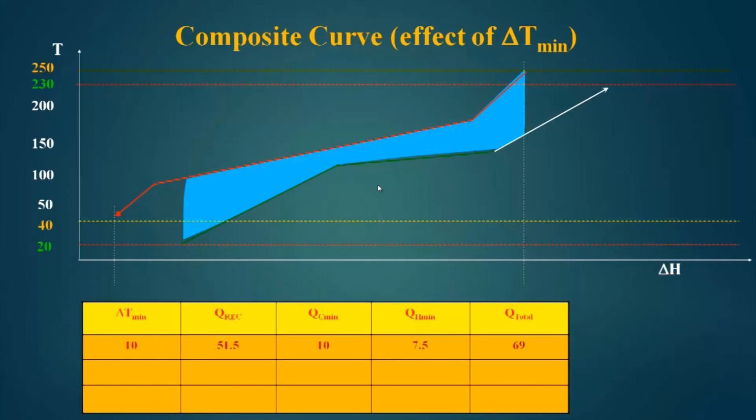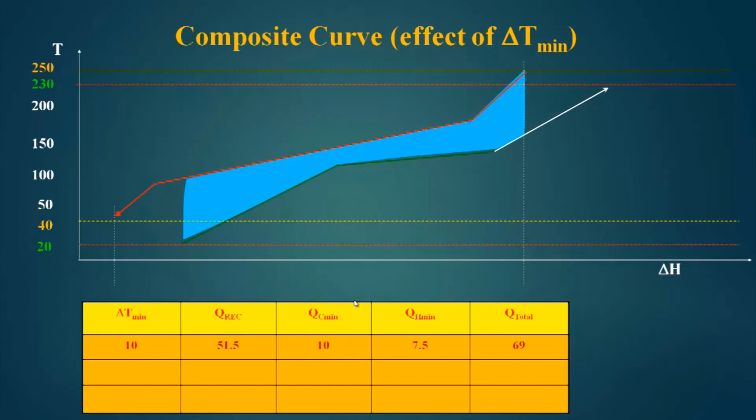So, in this case, we have made a table for delta T minimum equal to 10. We have already seen that Q recovery is 51.5, QC minimum is 10 and QH minimum is 7.5, and total heat load, that means total heat transacted, which is a summation of these three quantities, is 69.